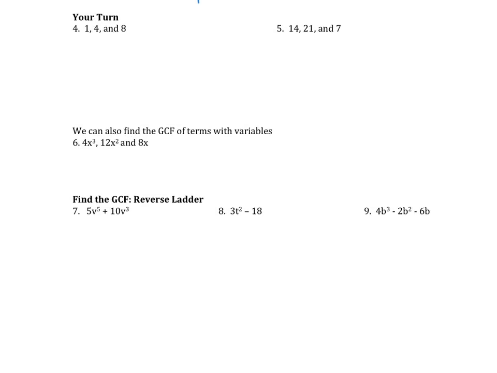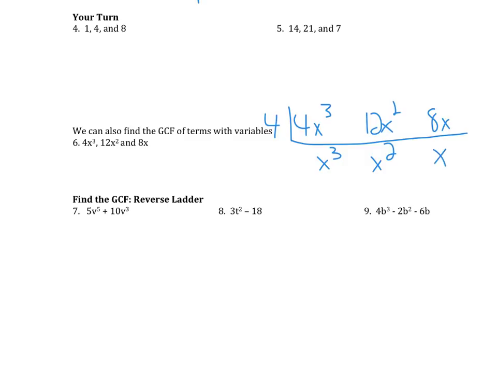Now, we can also find the GCF of terms with variables. So again, I have 4x cubed, 12x squared, and then 8x. So we can start with numbers. So some of us may see that 4 goes into each, and so that gives me x cubed, an x squared, and a 3x squared, and then a 2x.